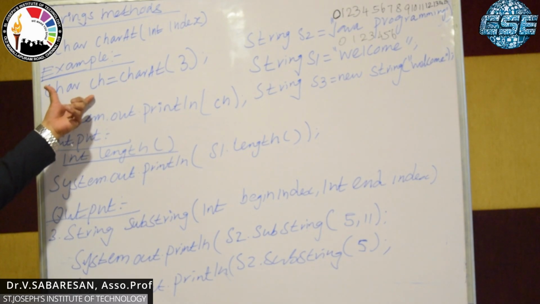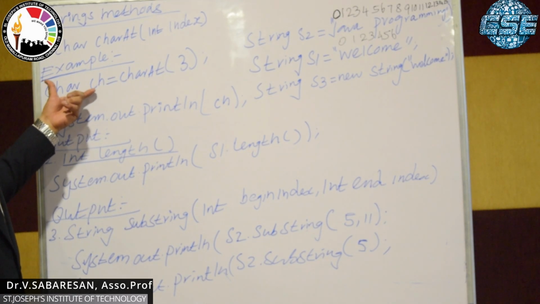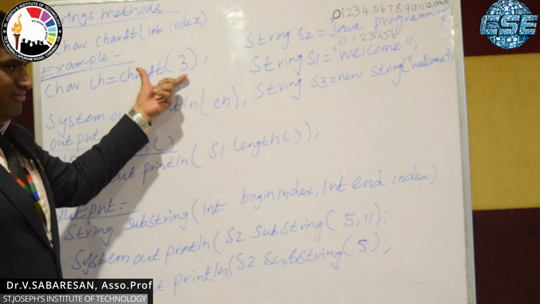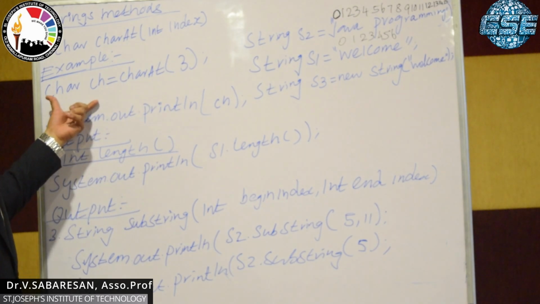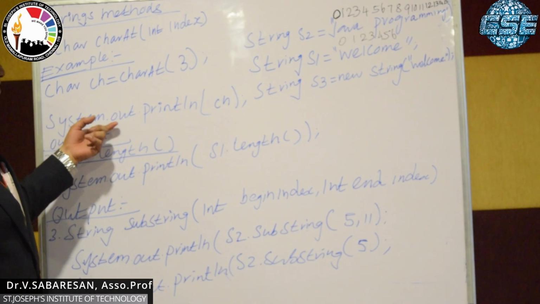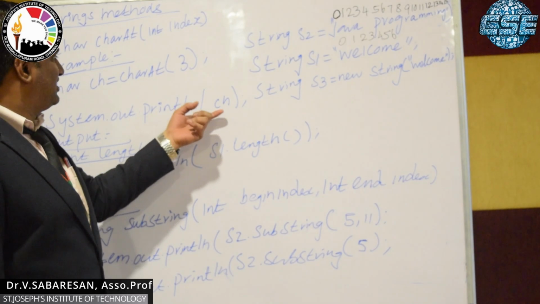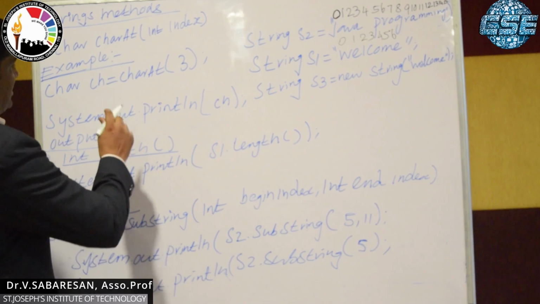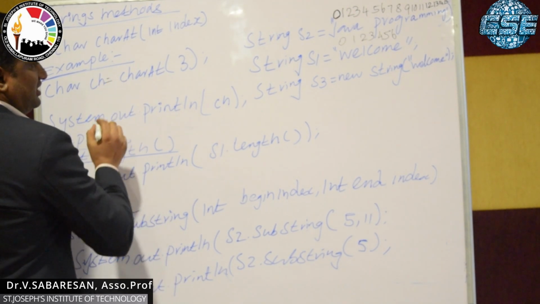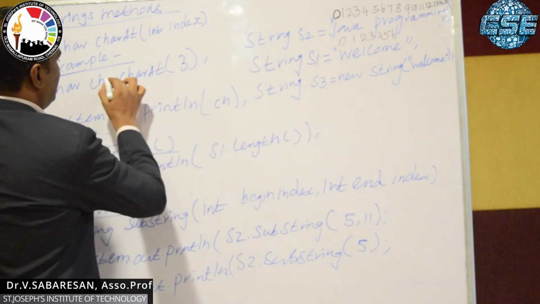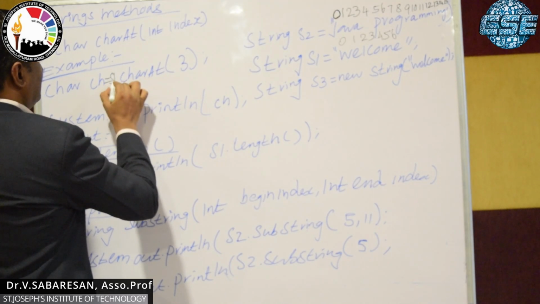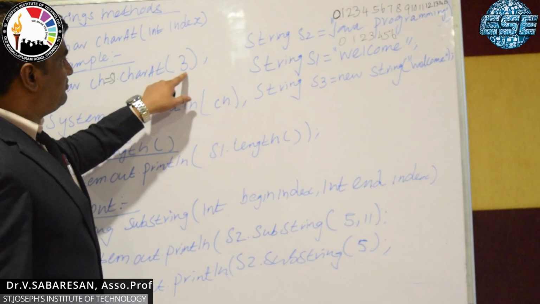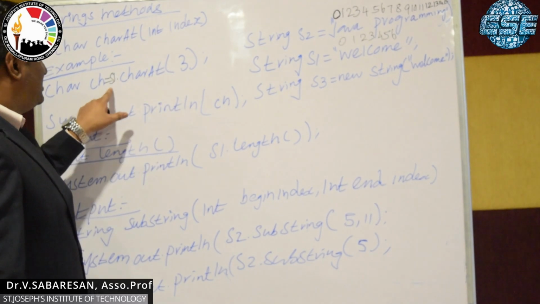Let me see an example. The variable ch will hold a character. System.out.println of ch, where we call charAt. We mention the string name, for example s1.charAt, and give the third position in the string s1.